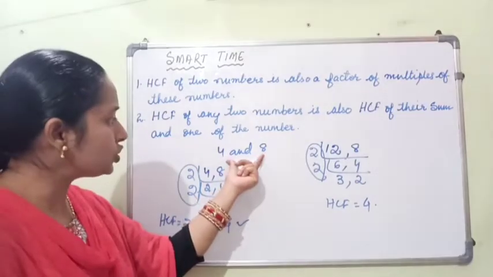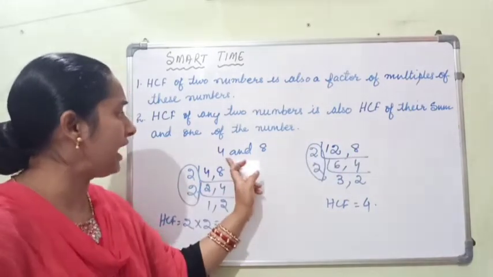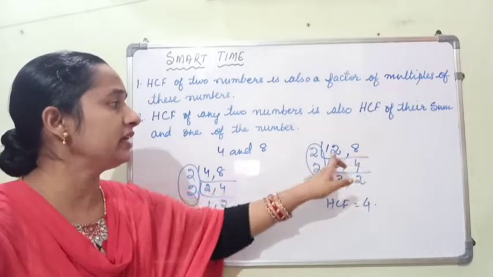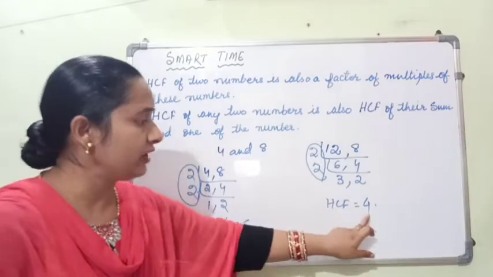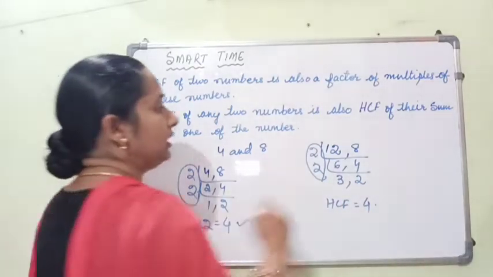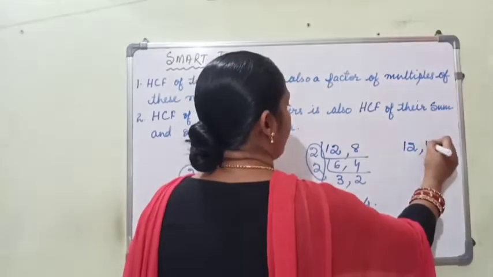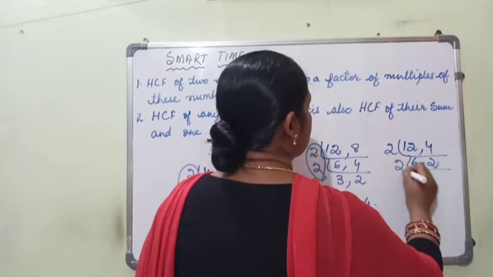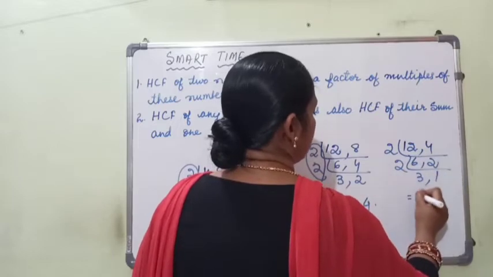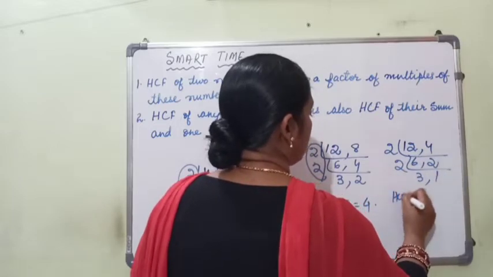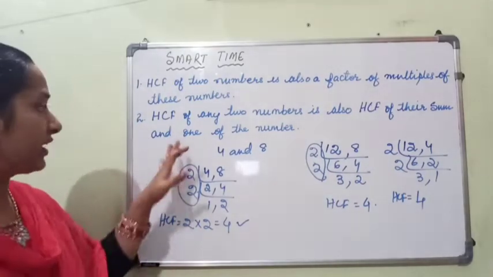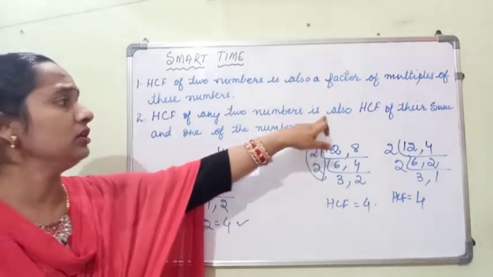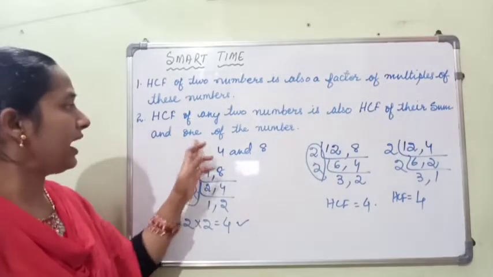If you add these two numbers and take any one among them and find their HCF, you will get the same HCF. You can even take the sum of the numbers and 4 and find the HCF; there also you will get the same HCF, 4. So the second fact tells us that HCF of any two numbers is equal to the HCF of their sum and one of the numbers.